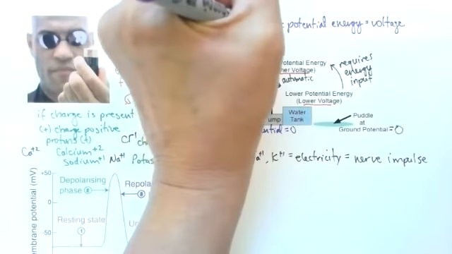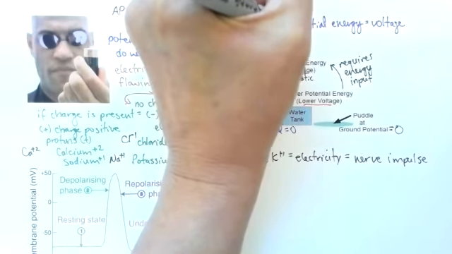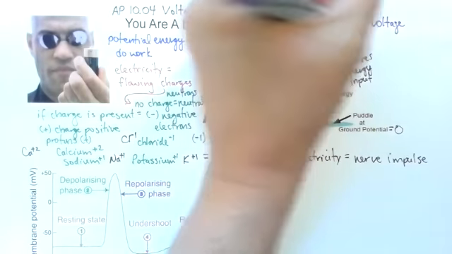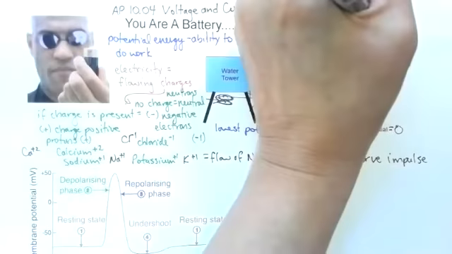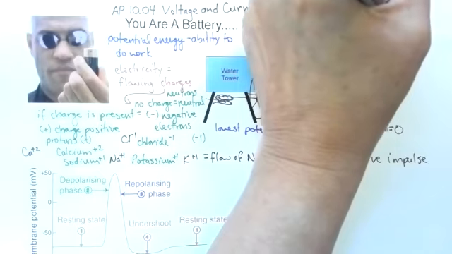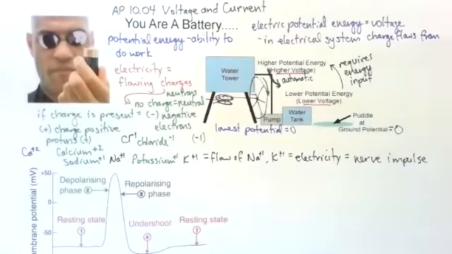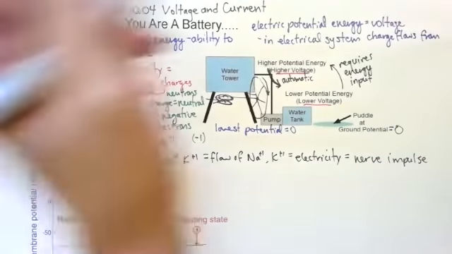So in an electrical system, charge flows from higher voltage to lower voltage.